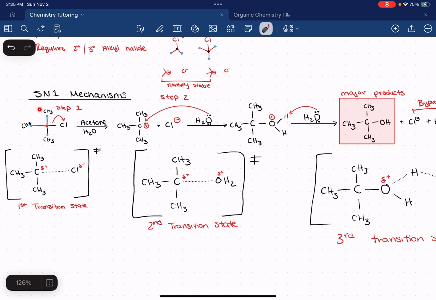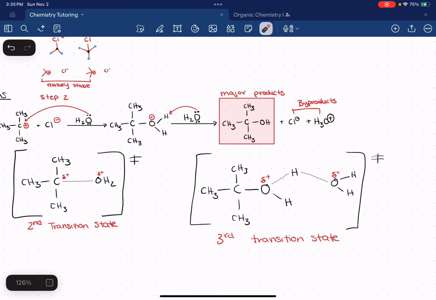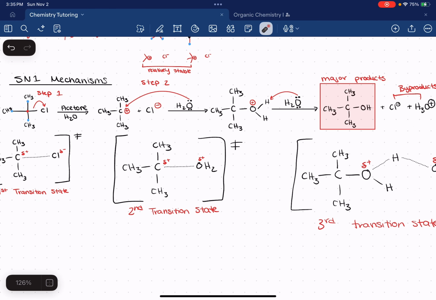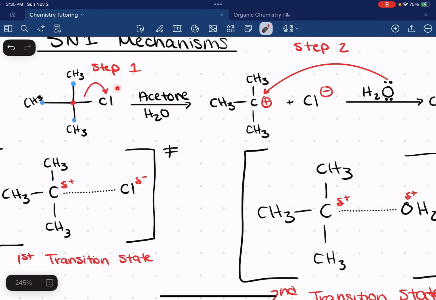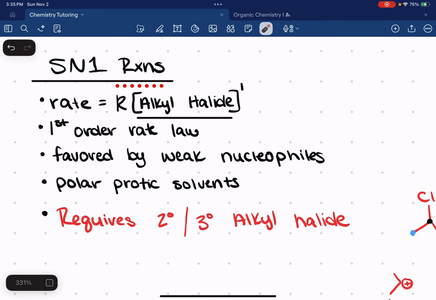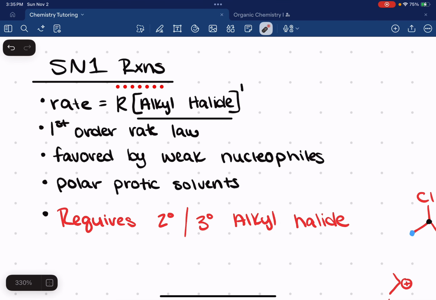However much of this we have is what determines how much product we end up with, because there's only one compound in our first step. So it has to be the limiting reagent. I hope that makes sense. So if this is the limiting reagent and there's only one, this is our alkyl halide, right? The whole thing. That is why it's a first order rate law, and why the only thing that matters in the rate is the alkyl halide.